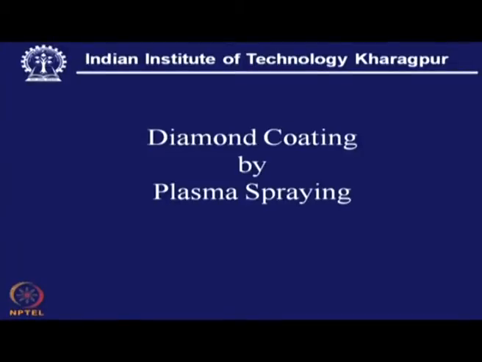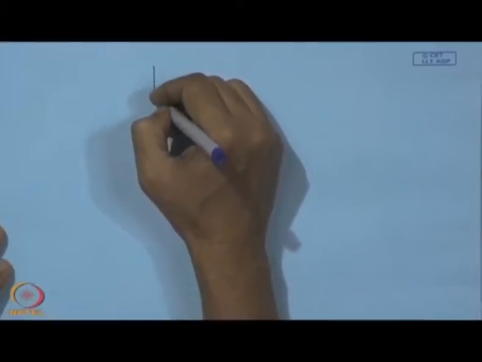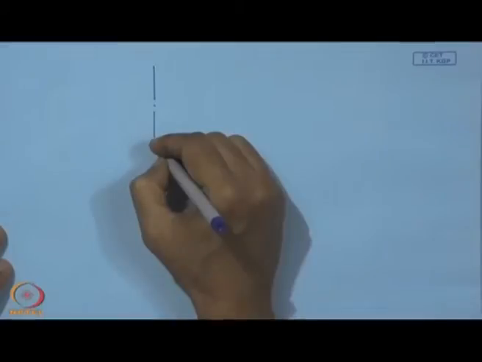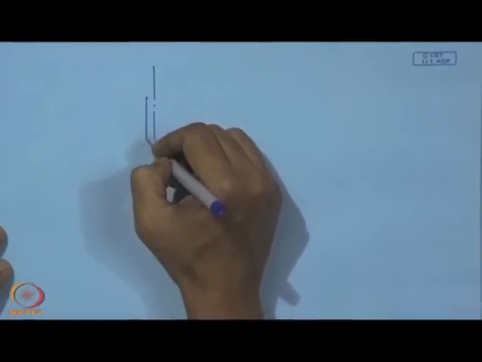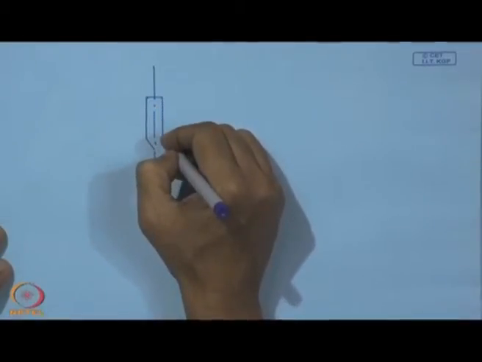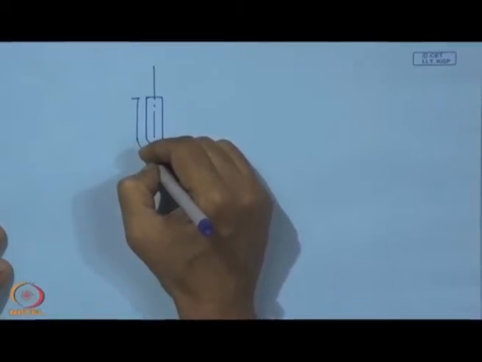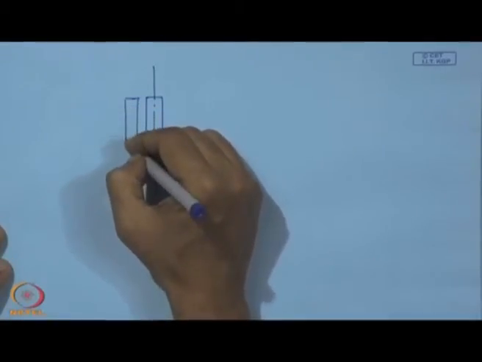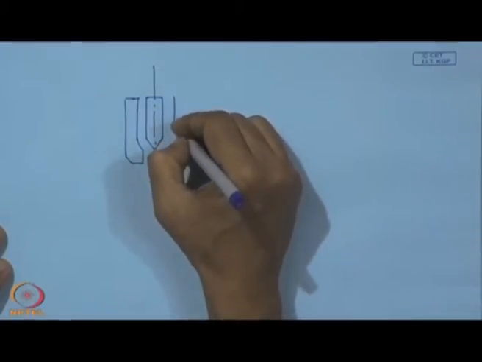Now comes diamond coating by this plasma spraying process. With this process, this is the cathode, and here we have the anode.